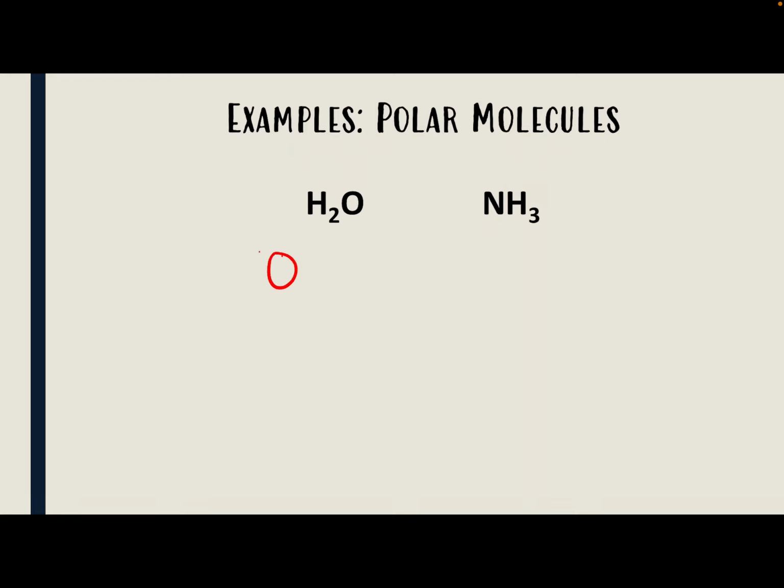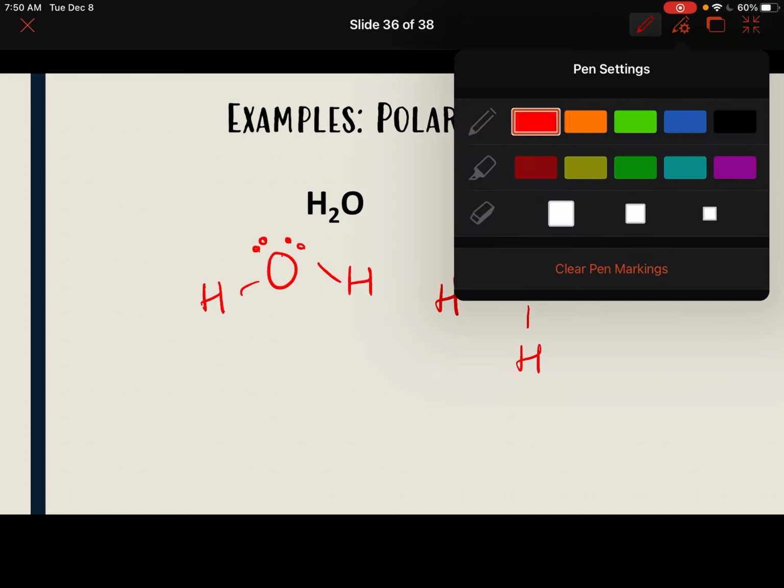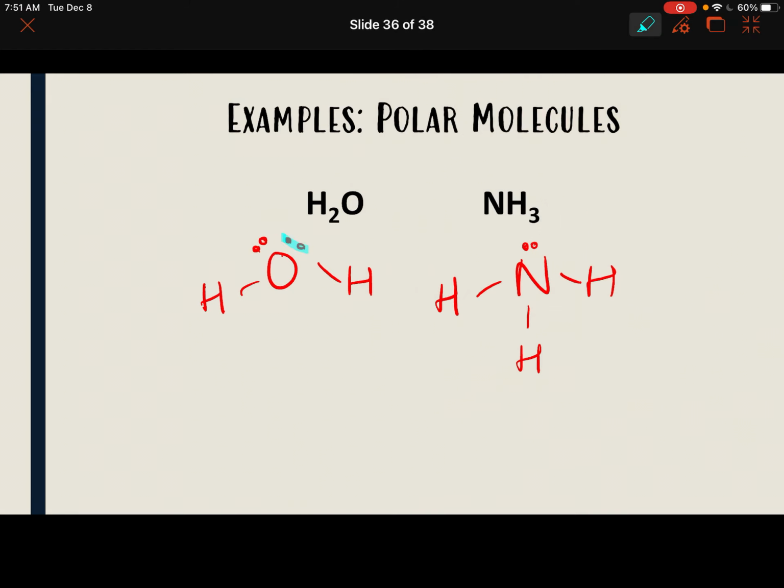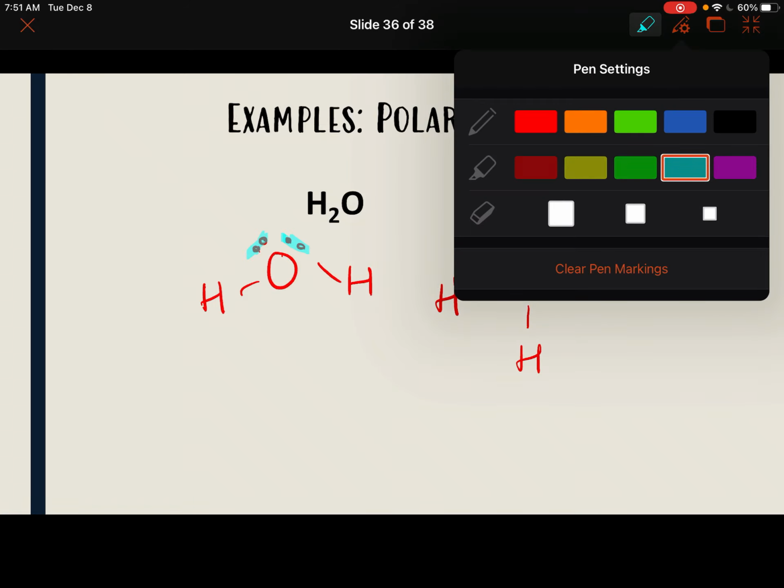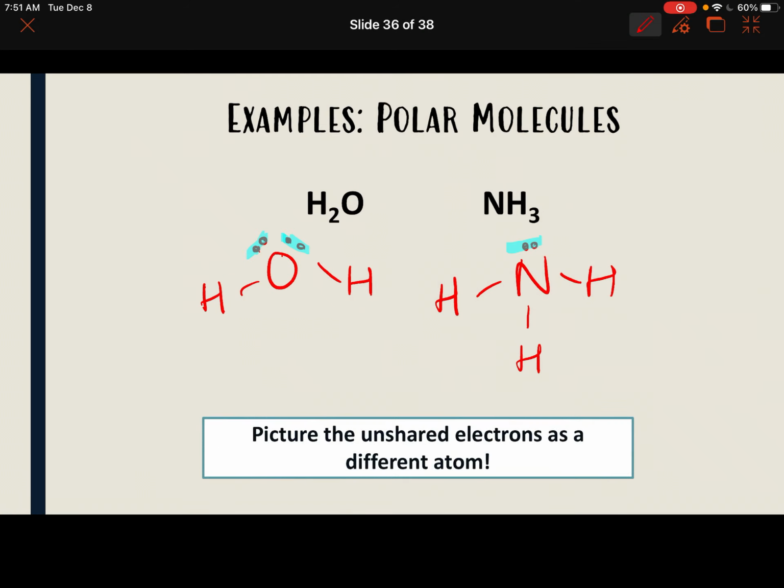Now, H2O and NH3 are a little different, okay? We have H2O and we have NH3. Now you say, well, both of these are surrounded by the same atoms, so they must be nonpolar. But there's one more thing we have to take into account. This oxygen and this nitrogen have unshared pairs.